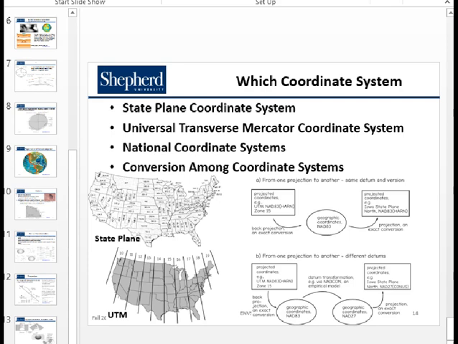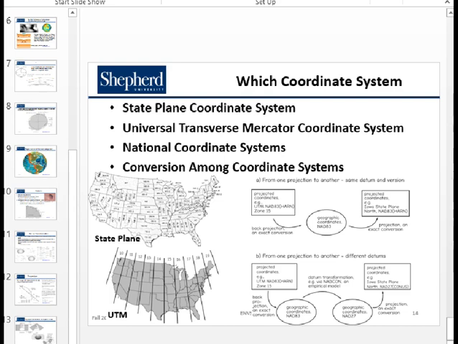Conversely, a Lambert conformal conic projection is most often used when the long axis of a state or zone is in the east-west direction. For example, Virginia and North Carolina.